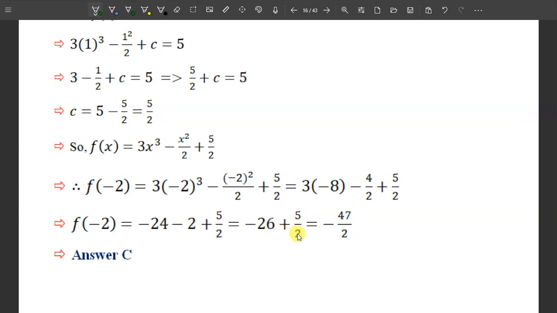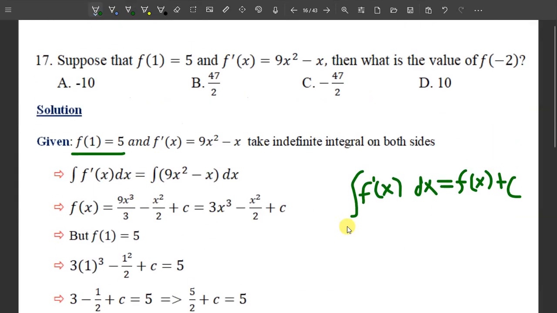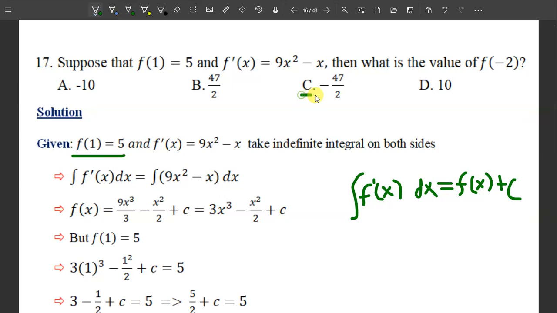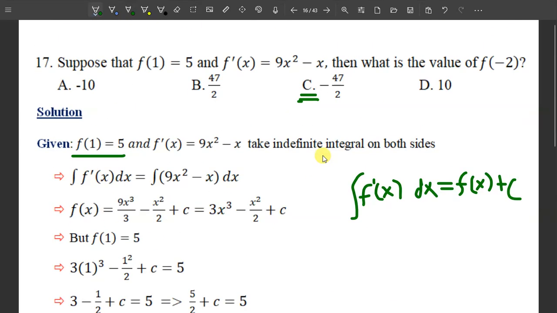Then multiply 2 by minus 26, it becomes minus 52 plus 5, which becomes minus 47 over 2, and the answer in that case is C. C is the right answer. Now, have you seen the purpose of C? Well, that is good. Okay, this is question number 17.